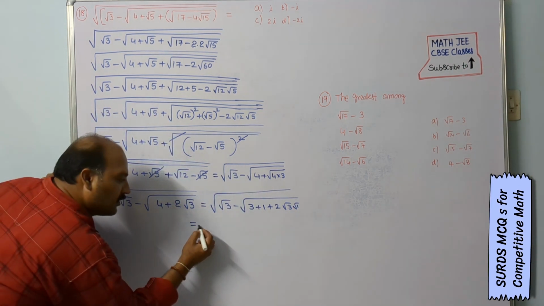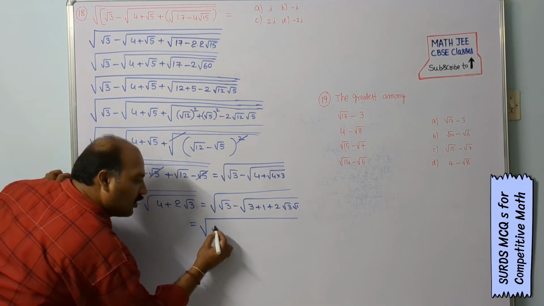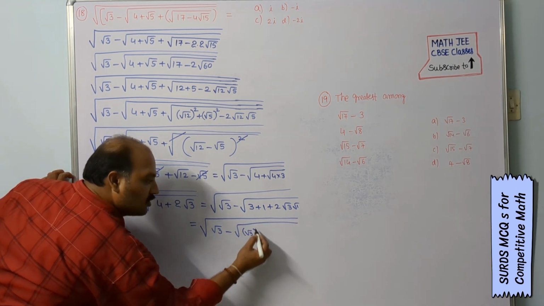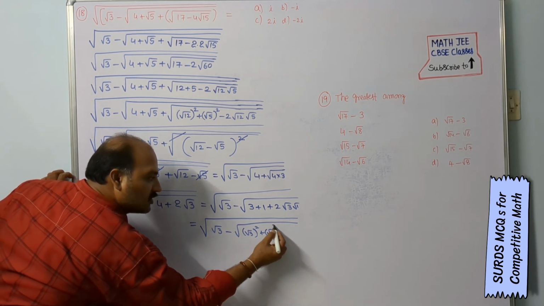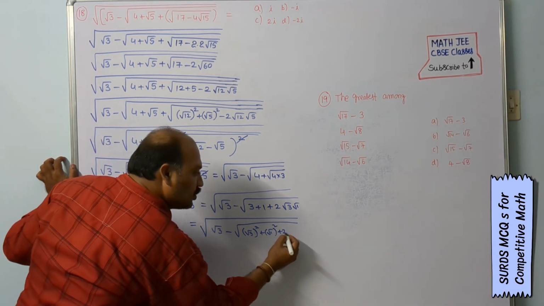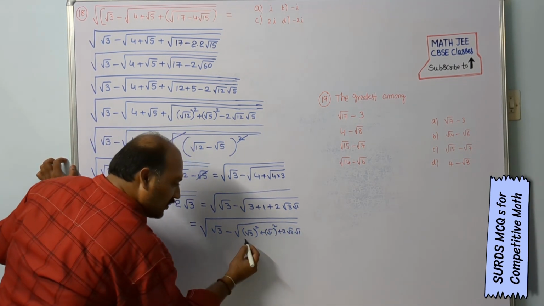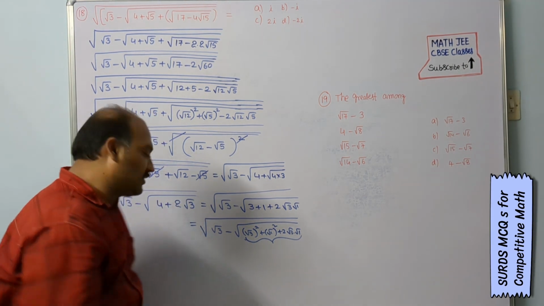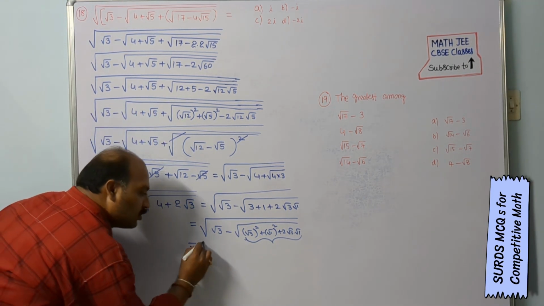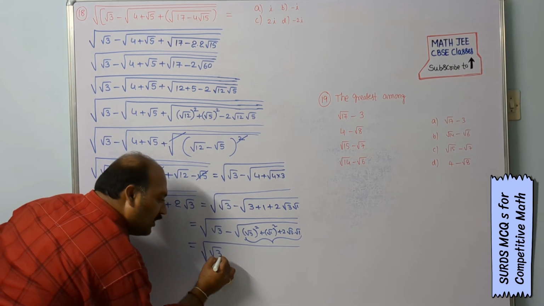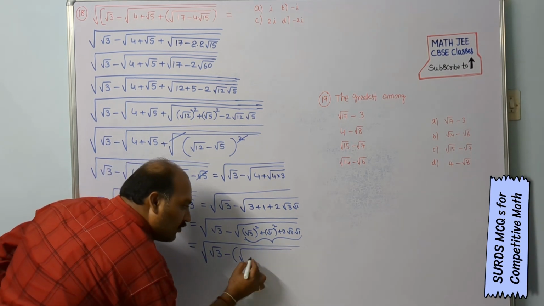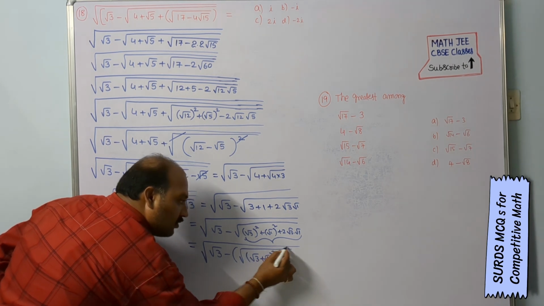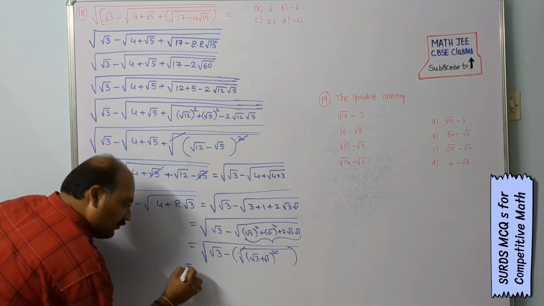In the next step, square root of root 3 minus square root of root 3 whole square plus root 1 whole square plus 2 root 3 into root 1. This is the expansion of a plus b whole square, dear students. So now square root of root 3 minus square root of root 3 plus root 1 whole square. Square root will be cancelled.